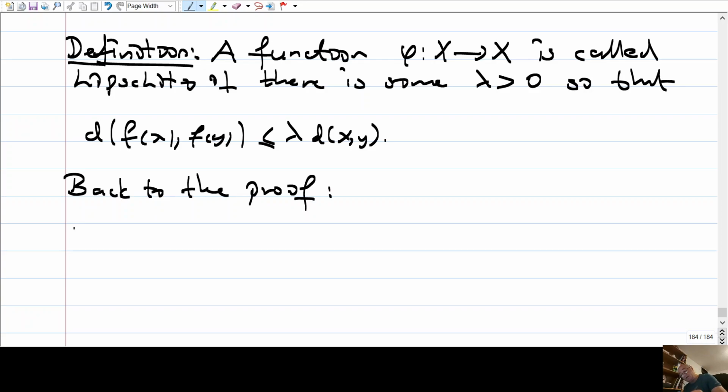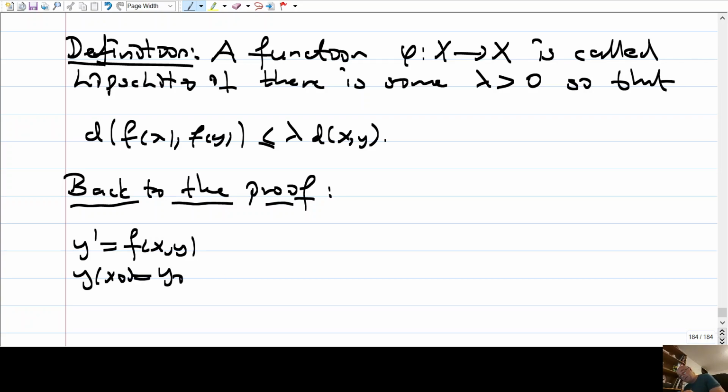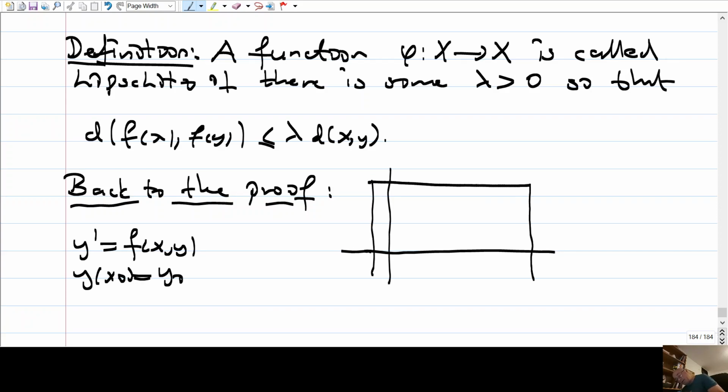You see, my differential equation or initial value problem was given like this. And this f was defined on some rectangle like this, right?